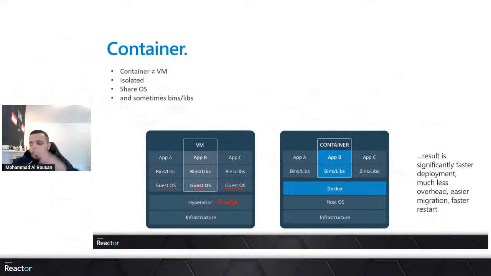While a container is a standard package of software that bundles your application code together with the related config files and libraries, with all the dependencies required to run your application. So here the OS is shared across the containers.